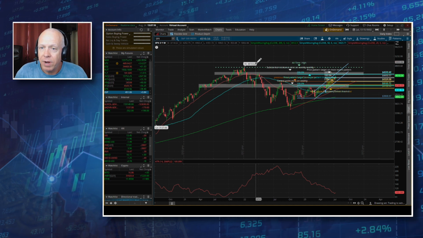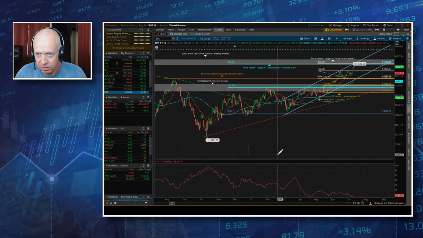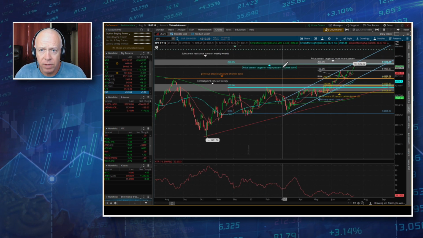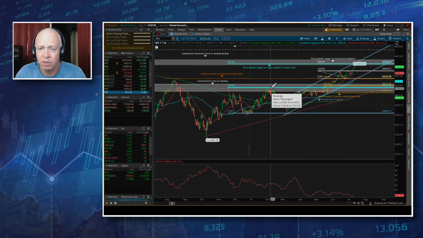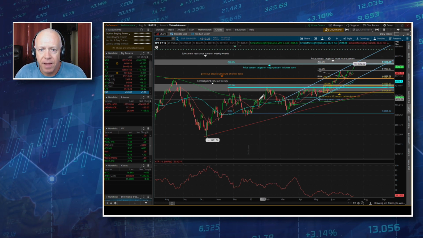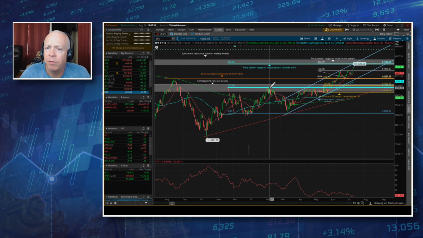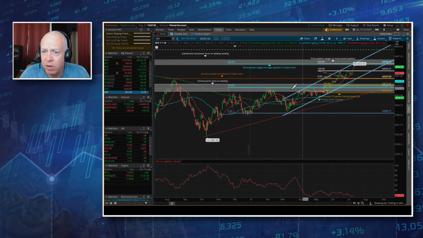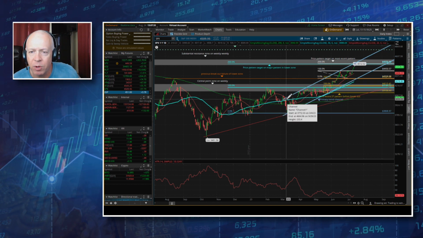So I'm aware of these levels as I come into my daily chart. I know that this is an important level. I know that this is an important level. I have my recent range or price patterns, which is my most relevant price pattern before this breakout, here. You can look at this however you want, by the way, too.